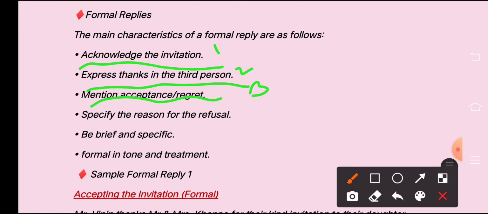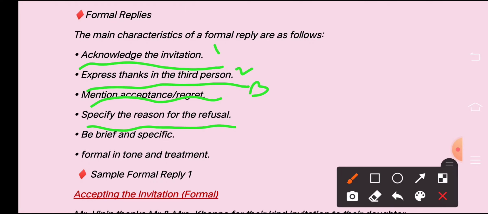And then in the fourth line you have to specify the reason for the refusal, if you are sending a refusal. For example, I am not available, or I regret not attending this function due to my previous engagement. That is the language to specify the reason for refusal.